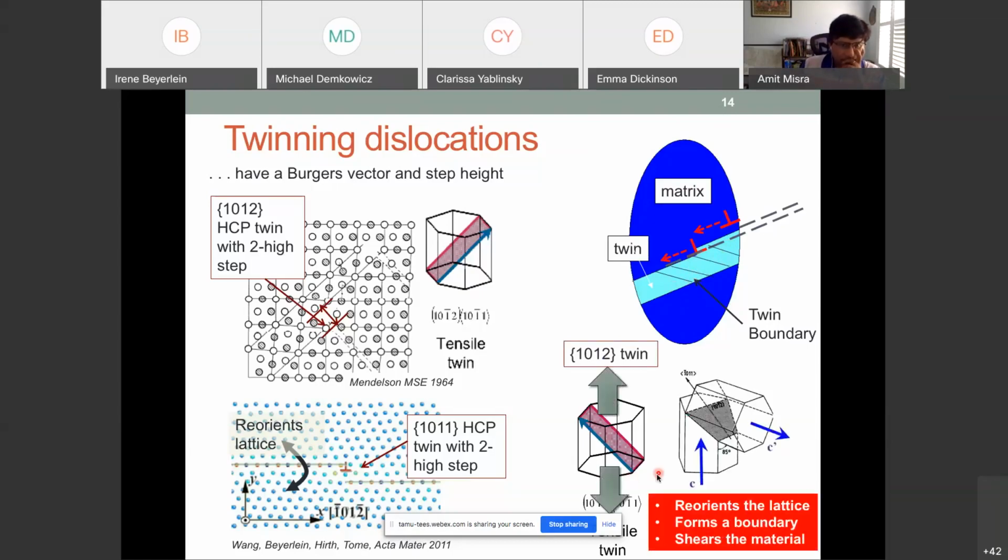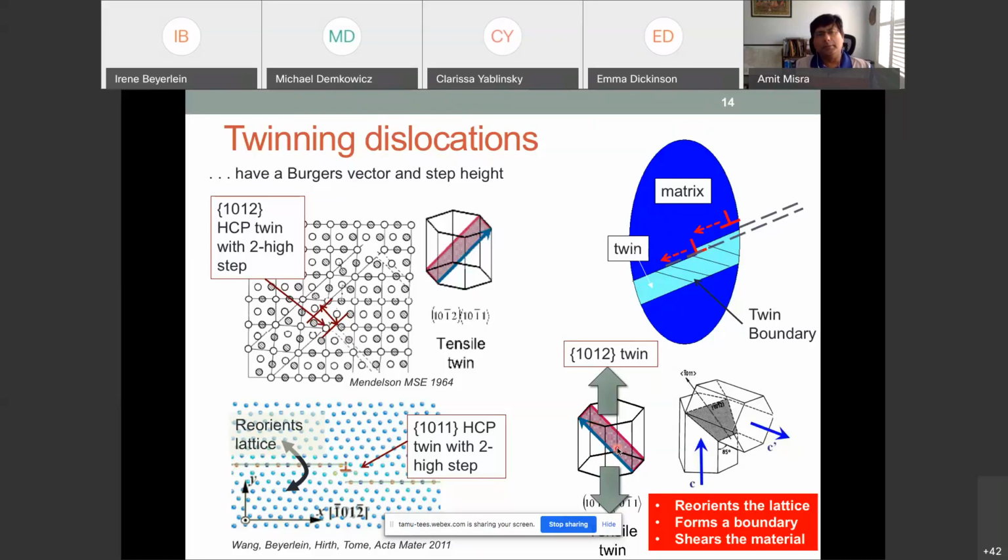So here I'm showing now the case where we have again our perfect HCP lattice with our twinning plane and twinning direction. Now, if we were to apply a load, which is the rather large gray arrows, then we would invoke this twin to occur.